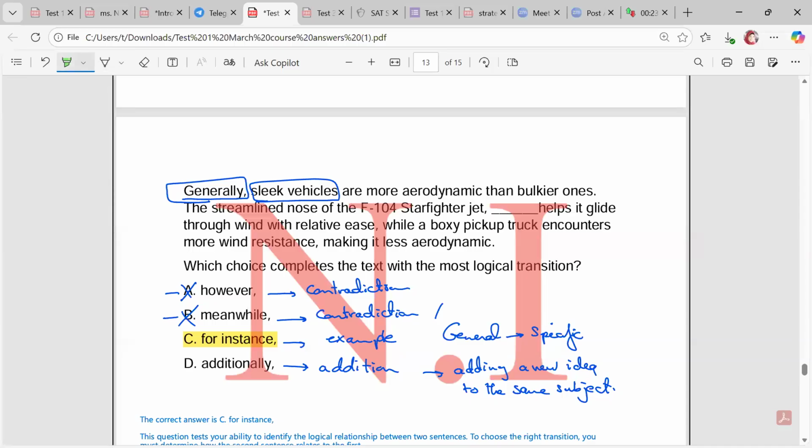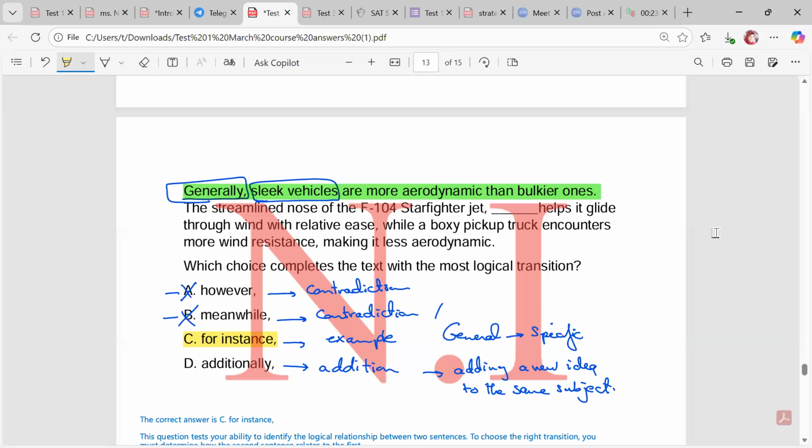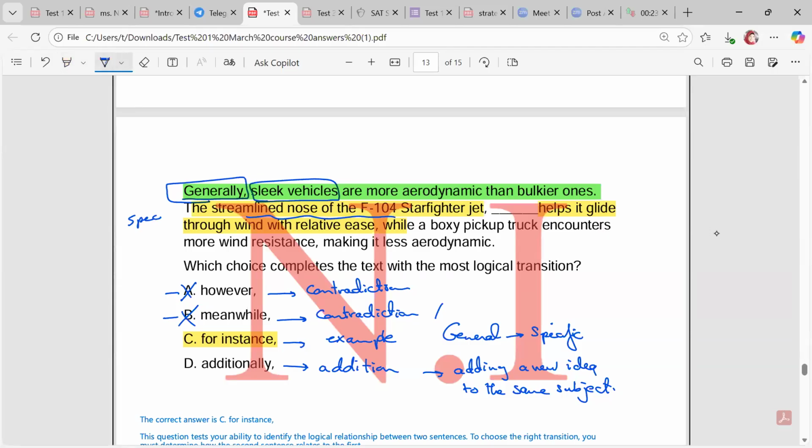So this one is general. The next one that has the blank, the streamlined nose of the star fighter jet helps it glide through wind with relative ease. So here this one is a specific example.